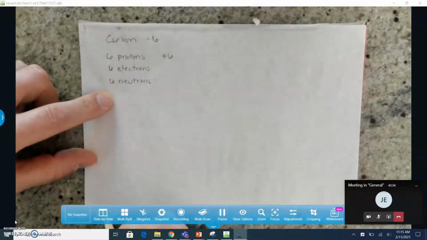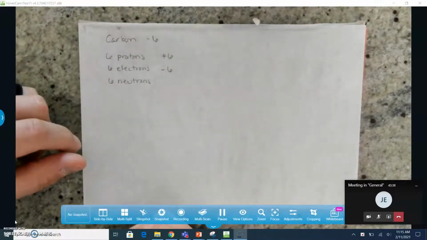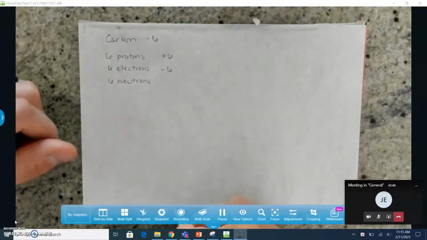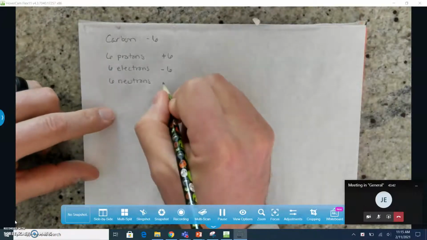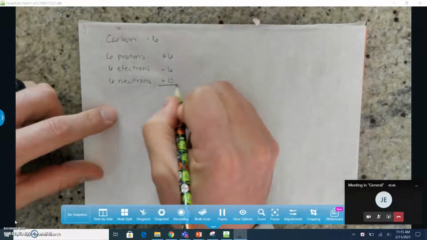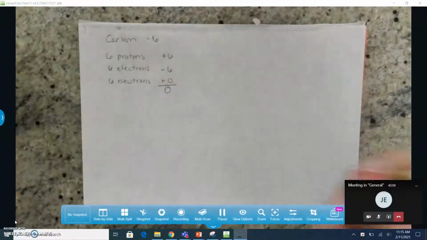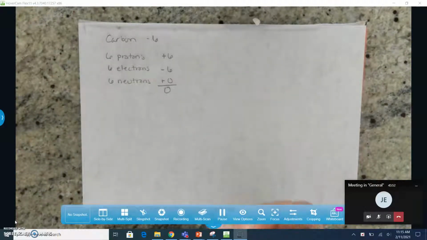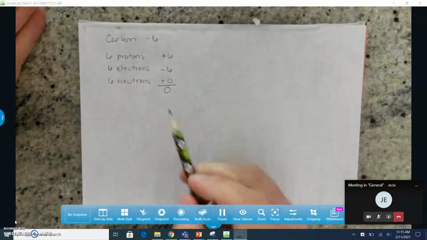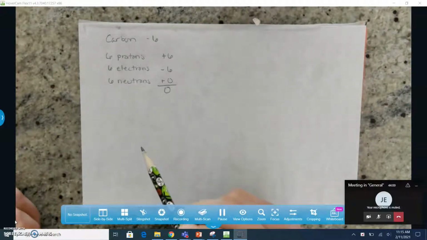These electrons have a negative charge, negative 6. And neutrons have no charge. When we add that up, positive 6 plus negative 6 gives us 0, so all atoms have no charge. That's not always the case. That's just in their, I guess, purest form.